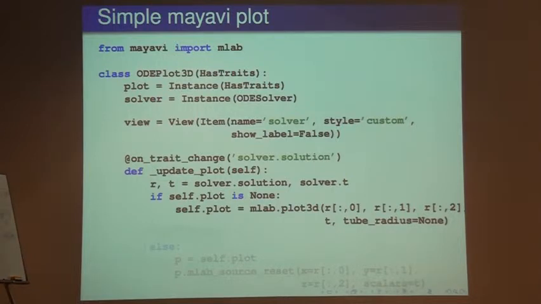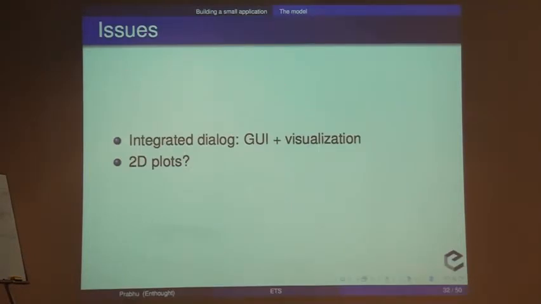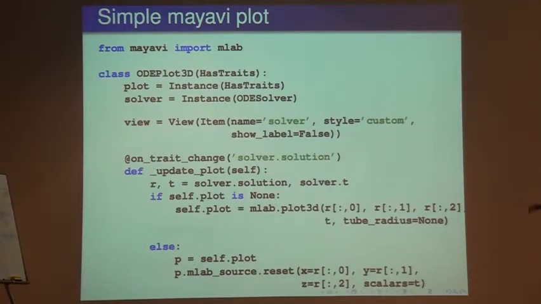Is this clear? Right? So now all I'm doing is, if the plot is already there, I'm just updating the data. So I'm just getting the existing plot, saying p.mlab_source.reset with x, y, z, and set all of that. So that it doesn't create a new window every time. It's just updating the data. Similar to matplotlib's set_data function. Same thing.